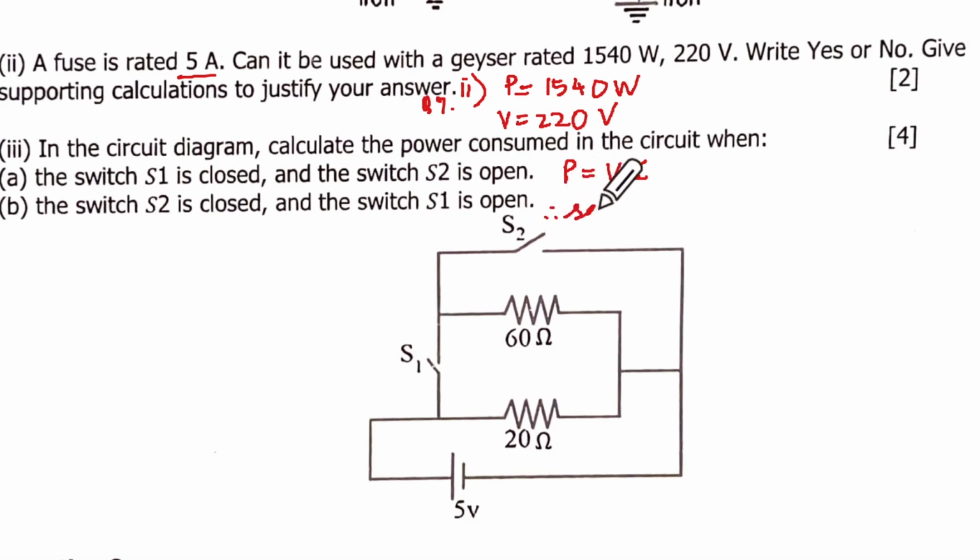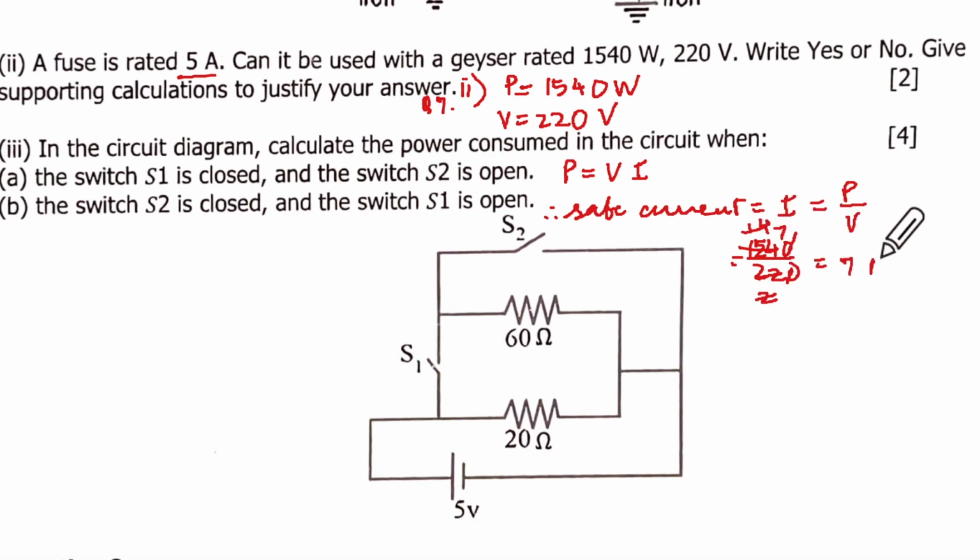So therefore, safe current I will be equal to, take this V that side, so P upon V, which will be 1540 upon 220. Both are divisible by 11. So 11 14 times, 11 2 goes 7 times. So that will be 7 ampere.